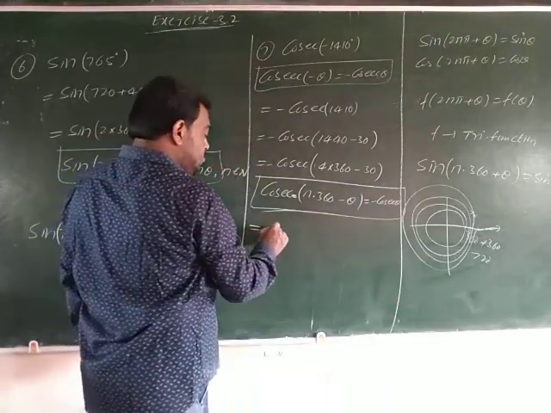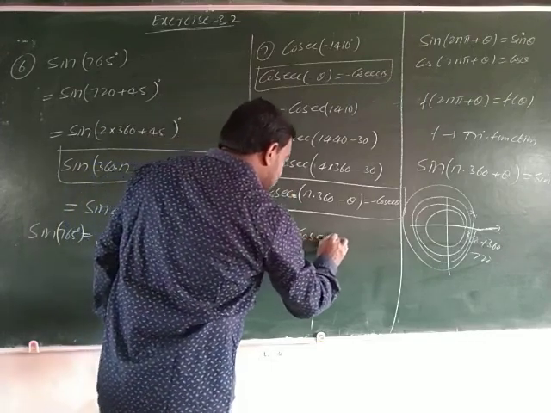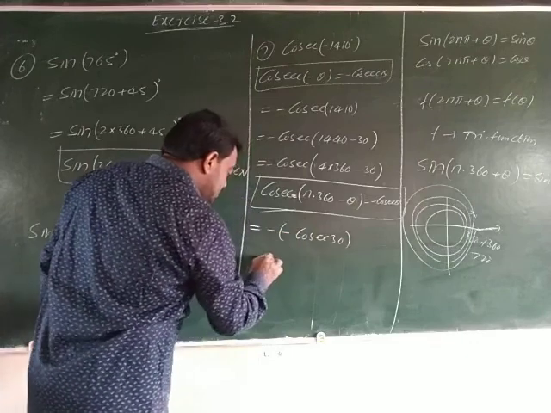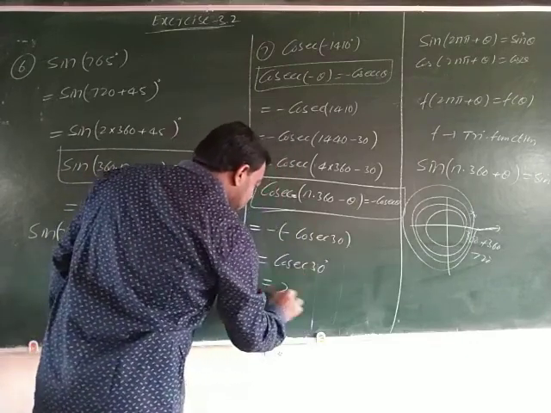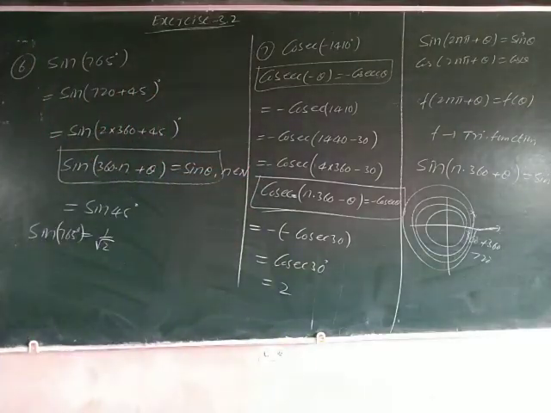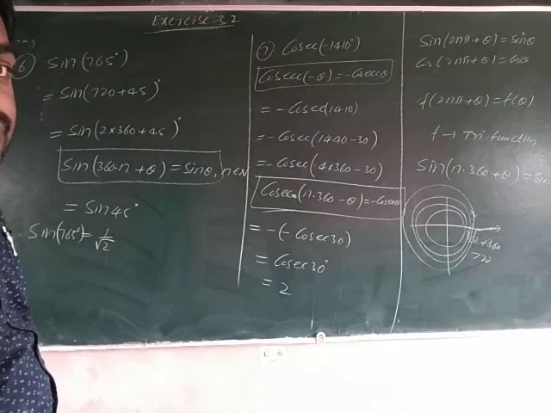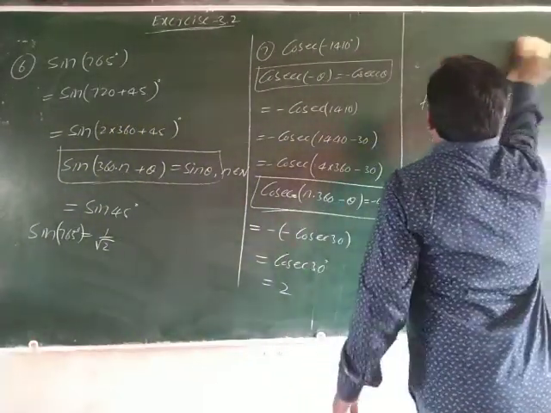So this is equal to minus of minus cosec 30 degrees. Minus into minus is plus, so cosec 30. Cosec 30 degrees is equal to 2. This is the 7th solution. Next, number 8.